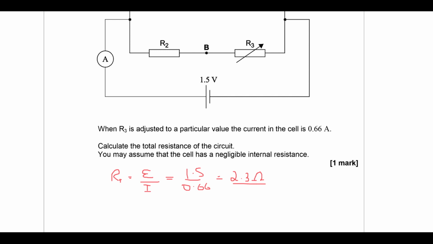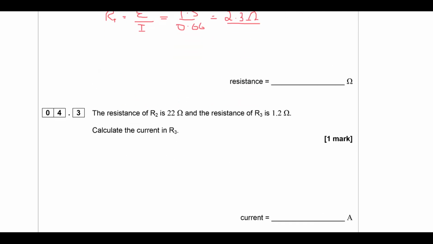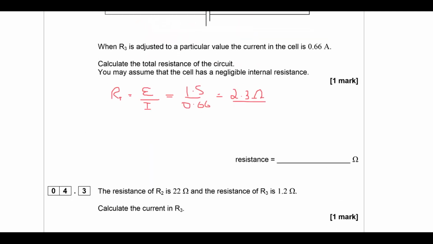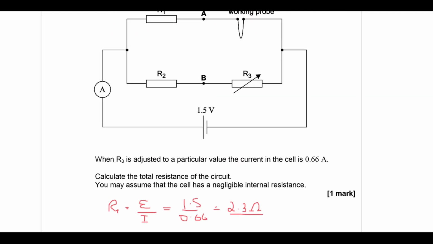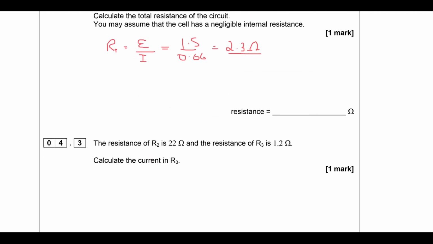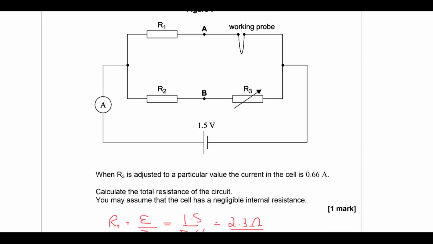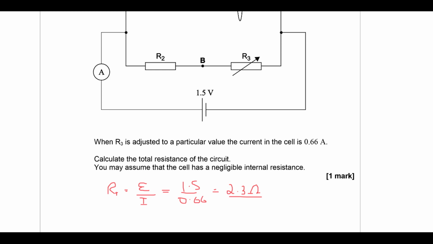Okay, so let's continue on. So the resistance of R2 is 22 and R3 is 1.1 ohms. Calculate the current in R3. So we know the potential difference across this section is 1.5. We know the total resistance, so we can work out the current: it's potential difference divided by the total resistance in that loop.